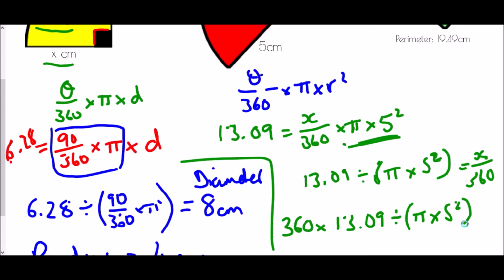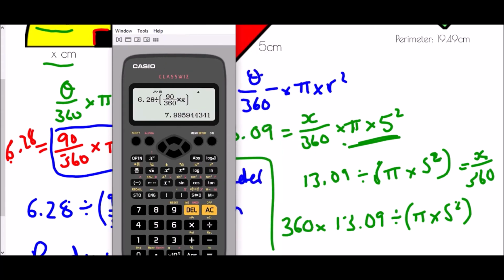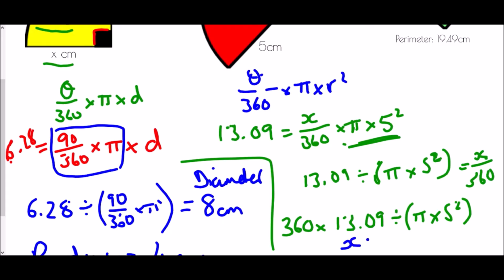And we can type that into our calculator. So 360 times, open bracket, 13.09 divided by shift pi times 5 squared. Close the bracket, get our answer. It comes to be 60.0001, and therefore to one decimal place x would equal 60 degrees.